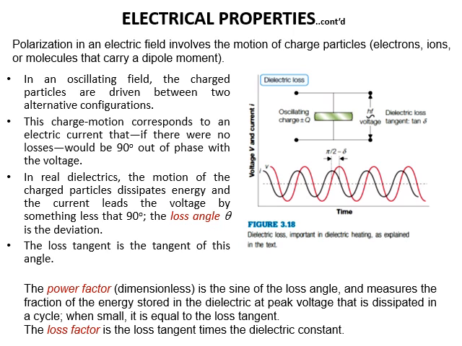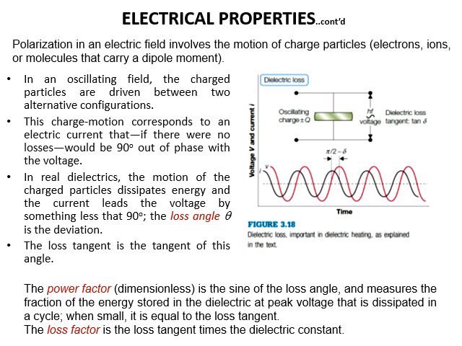This charge motion corresponds to an electric current that, if there were no losses, would be 90 degrees out of phase with the voltage. In real dielectrics, the motion of the charged particles dissipates energy and the current leads the voltage by something less than 90 degrees.